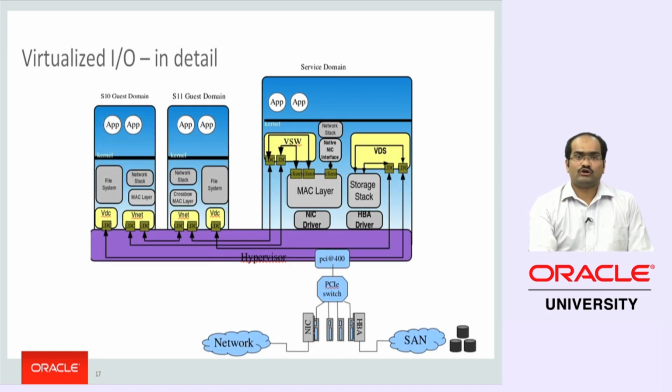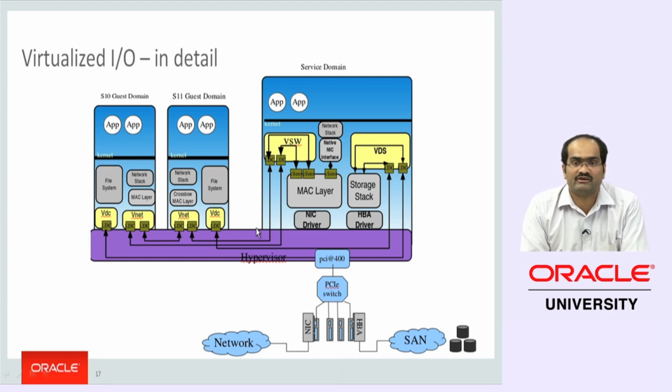If you look at the picture of virtualized I/O in detail, this picture shows one service domain configuration which is attached to a direct PCI bus controller, which has its own NIC card and its own HBA card connected to the SAN array. This PCI device provides network interfaces and disk interfaces.